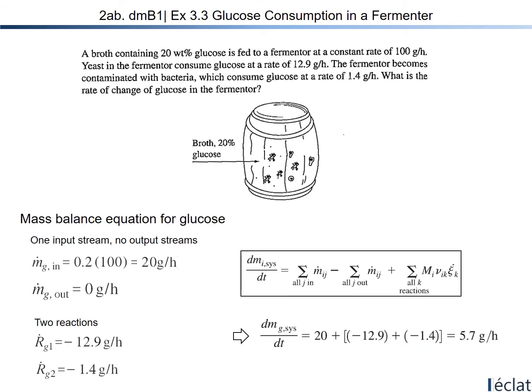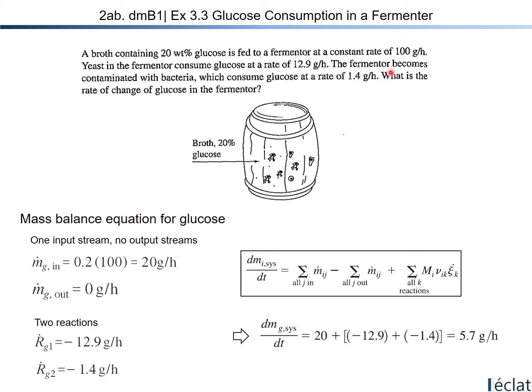Another example here: glucose consumption in a fermenter. A broth containing 28% glucose, or sugar, is fed to a fermenter at a constant rate of 100 grams per hour. Yeast in the fermenter consume glucose at a rate of 12.9 grams per hour. This is the reaction rate achieved by yeast.